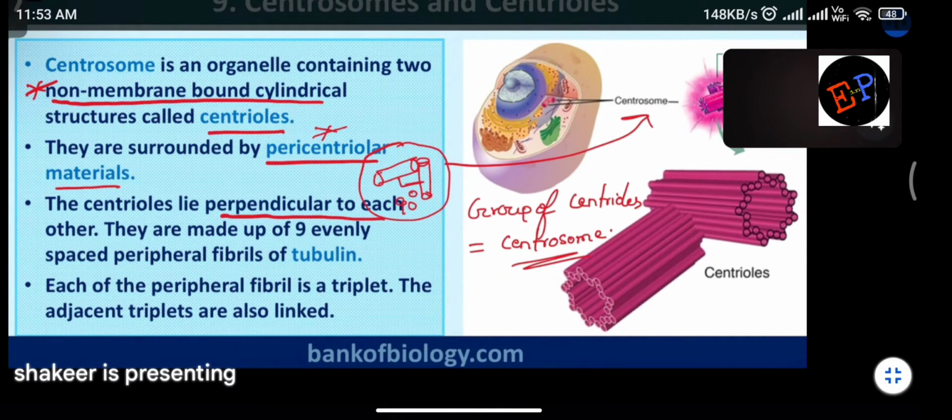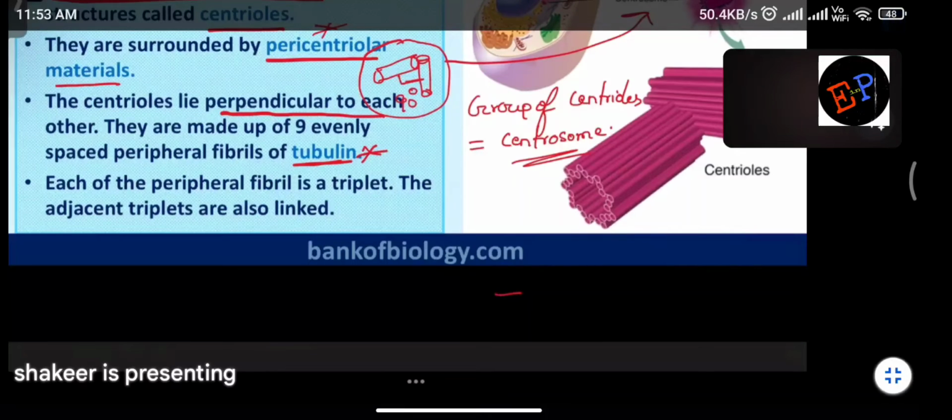They are made up of 9 evenly spaced peripheral fibrils, which are made up of a material called tubulin. So this is one fibril, second fibril, third, fourth, fifth, sixth, seventh, eighth, and finally the ninth one. So how many peripheral fibrils will be present? 9 peripheral fibrils will be present.